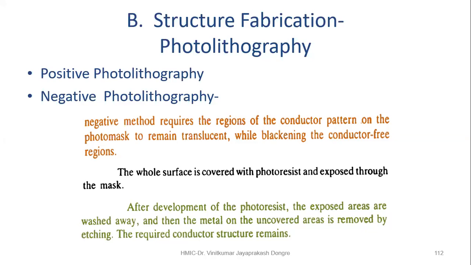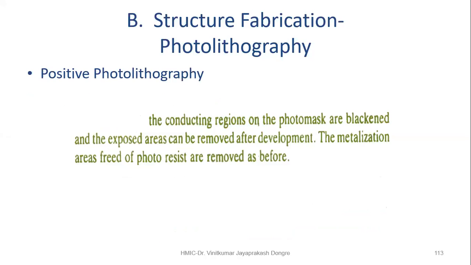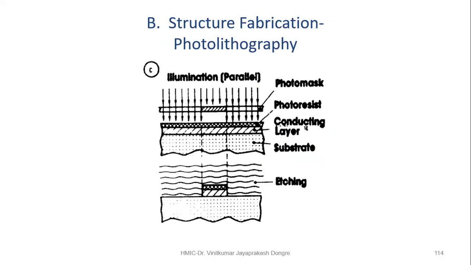You know how this works, and positive photolithography. What is that? The conducting regions on the photomask are blackened and the exposed areas can be removed after development. The metallization areas freed of photoresist are removed as before. So this is positive and negative photolithography. And this is the structure of the photolithography.